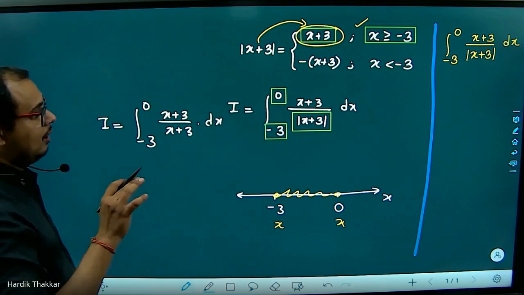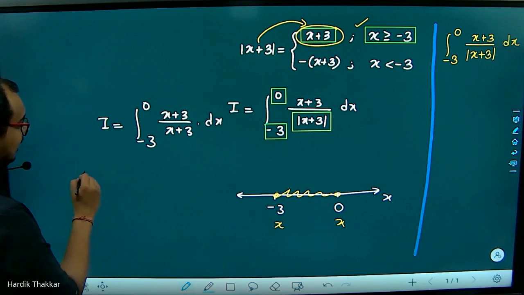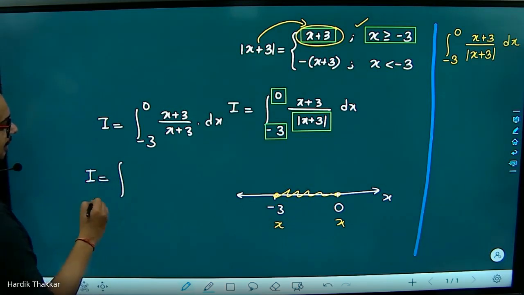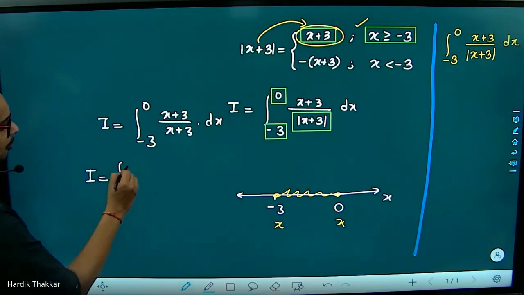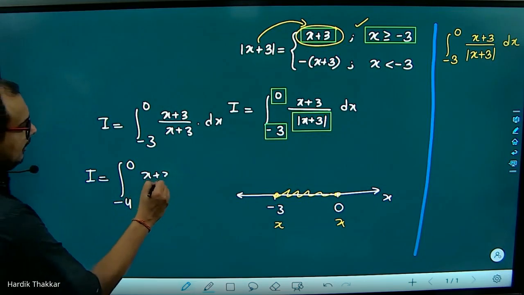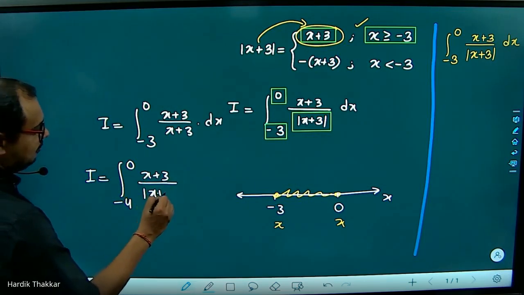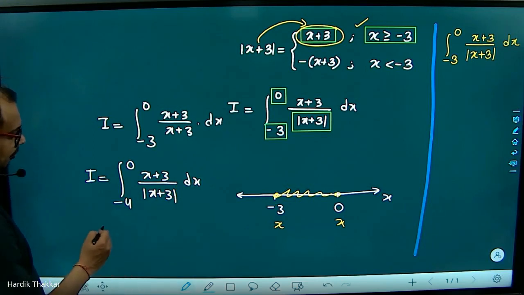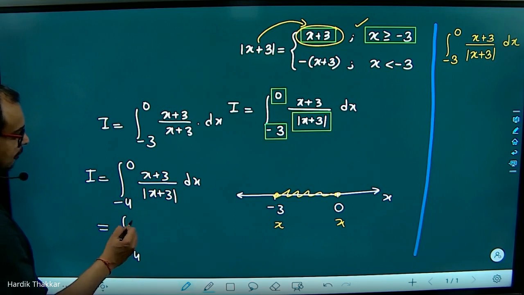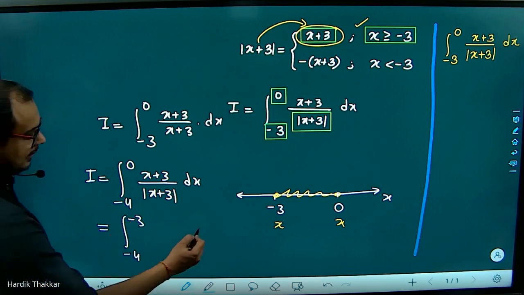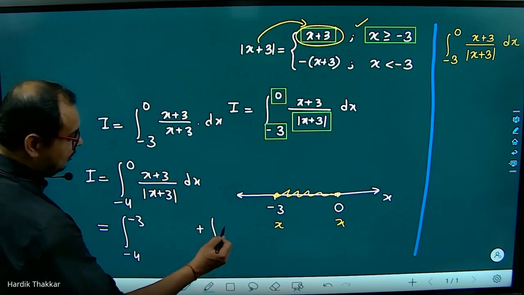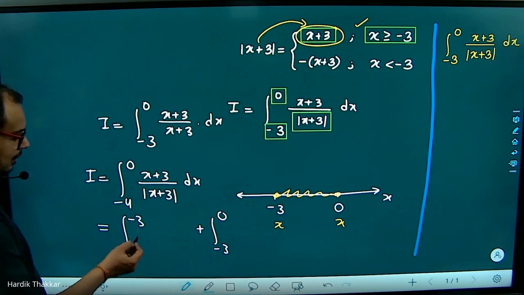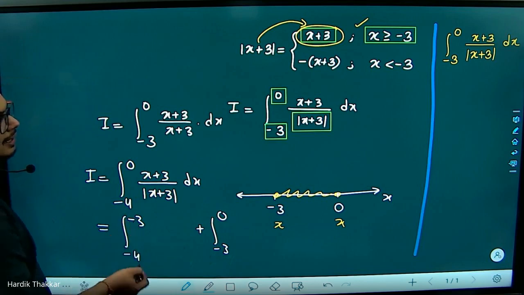Okay. Now, suppose if the limits are like this, -4 to 0, x plus 3 divided by mod of x plus 3. If the limits are like this, so we will break this limit in two parts. First part is -4 to -3, and second part will be from -3 to 0, because in this part x is less than minus 3.